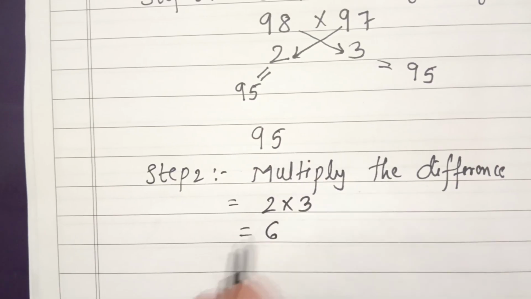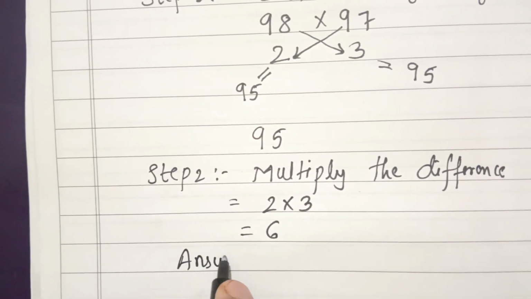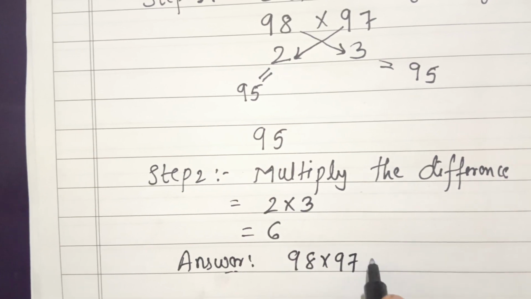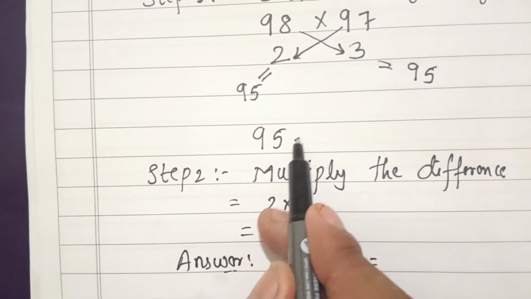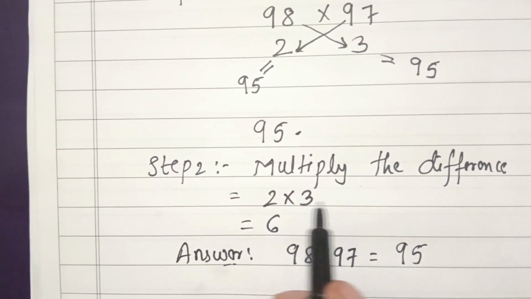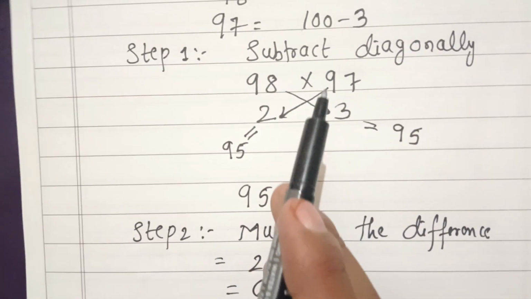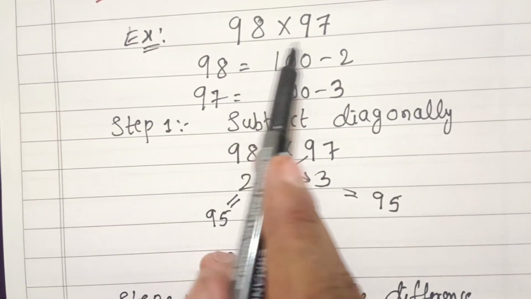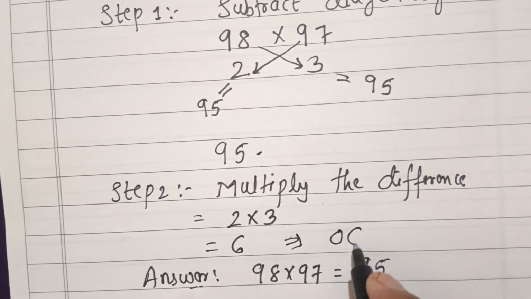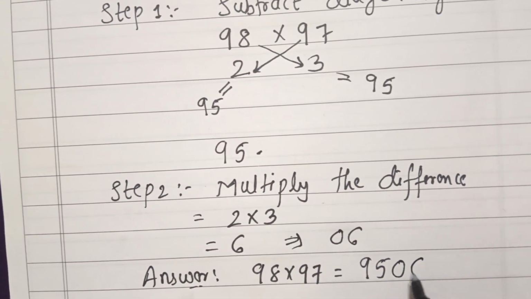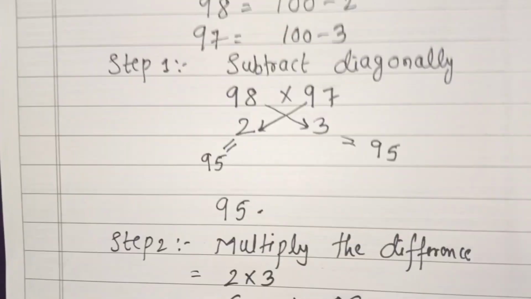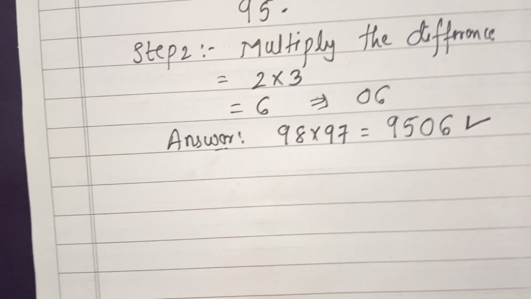So our answer is 98 into 97 equals, here we got 95, and here 6. Since we are working with 2-digit numbers, this 6 we have to write as 06. So this is our answer, 9506. How quickly we can solve this one! Okay, let us take one more example.